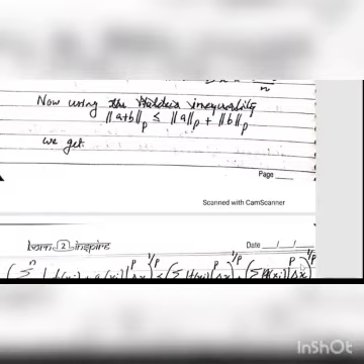Now if this is the case, we can say like this. Instead of a and b, you can take f of xi and g of xi.